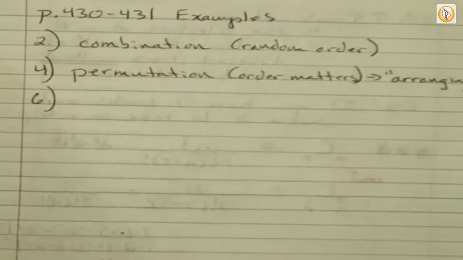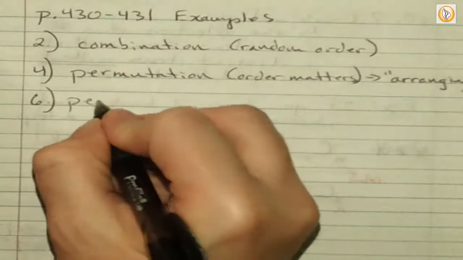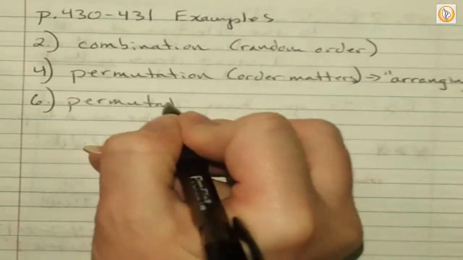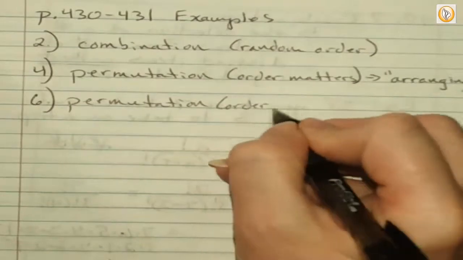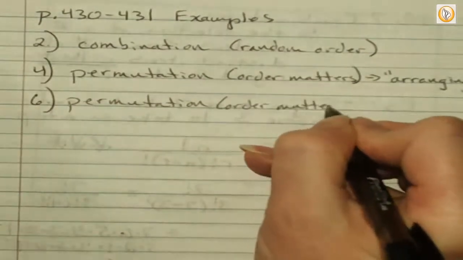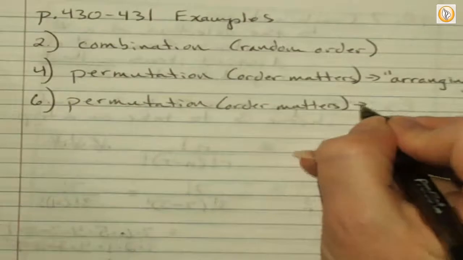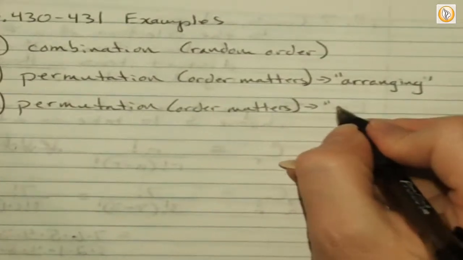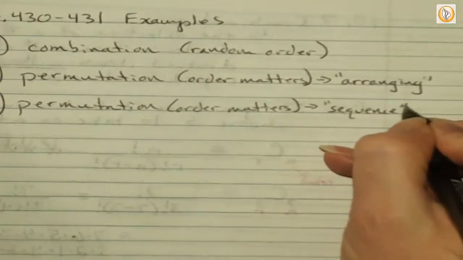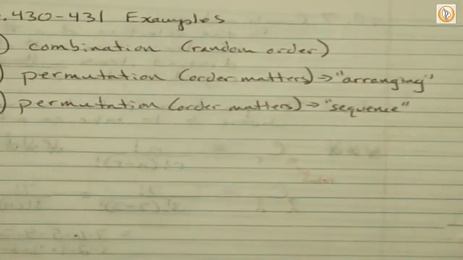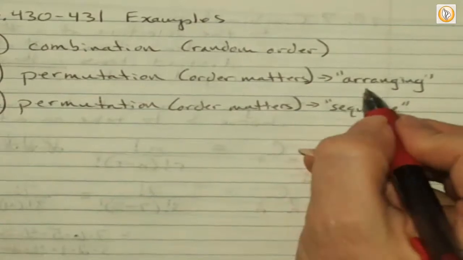Wit? Permutation. Very good. Order matters in this case. They said the keyword sequence. That usually means they're being particular, like arrangement again. It's very similar to arranging.